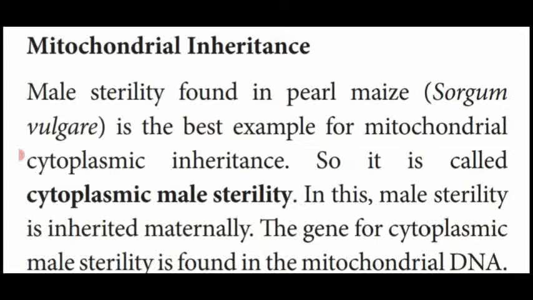The F1 generation shows the female parental character, that is dark green. In the reciprocal cross, the parental characters are reversed: a dark green male plant is crossed with a pale green female plant. The F1 generation shows the pale green plant.